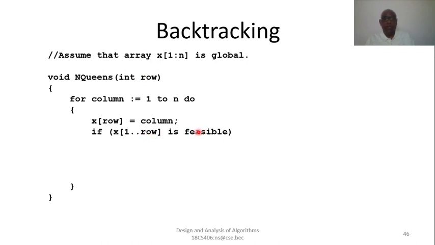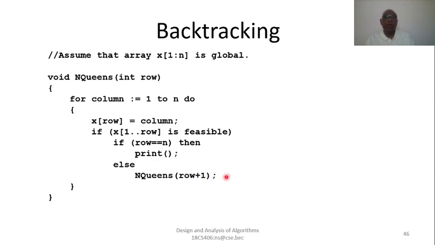If it is feasible and satisfies the bounding function, then we check whether we have reached the last level. If you have reached the last level, then you have found the solution and you print it. If you haven't reached it, then the node which is created becomes the E node, and we invoke N-queens at the next level, that is level plus 1 or row plus 1.